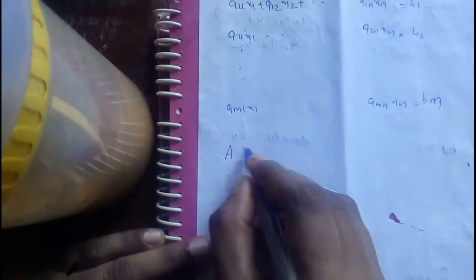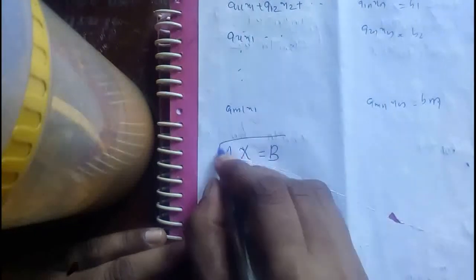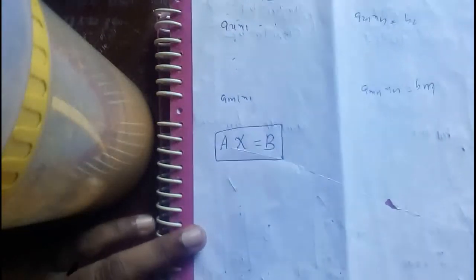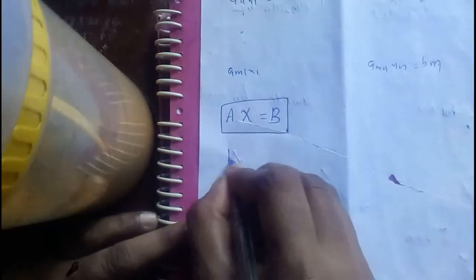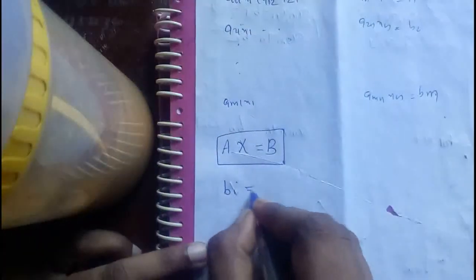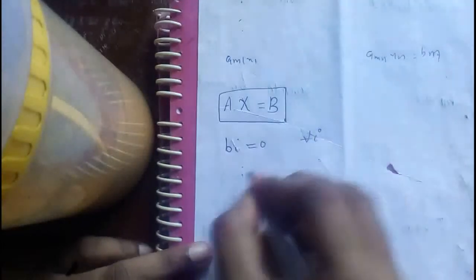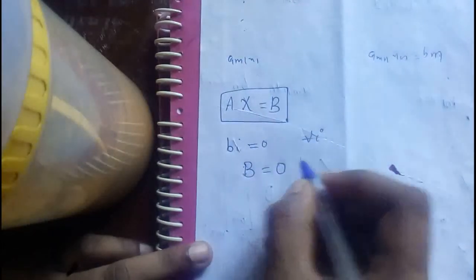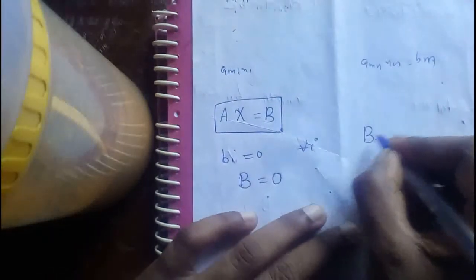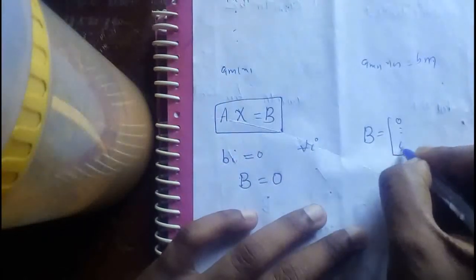These m equations and n unknowns we can write in the form Ax equal to B. When all the bi are 0, that means B equal to 0, a constant matrix of 0, 0, 0.